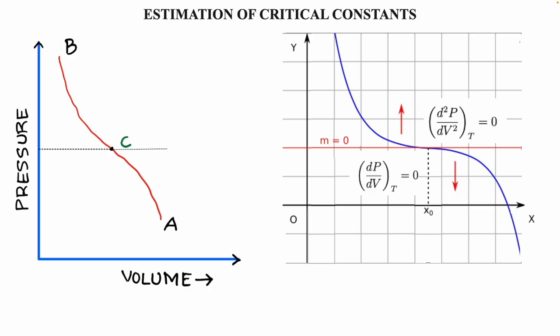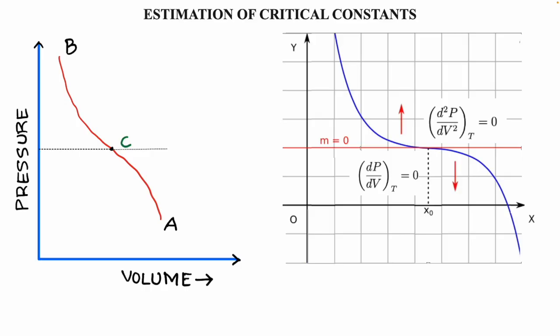And also dp by dv is equal to 0, which shows that at the inflection point, if you draw a tangent line, it will be parallel to the x-axis, which states that its slope is equal to 0, which means that dp by dv is equal to 0. Why dp by dv? These are the variables that we are dealing with, right?